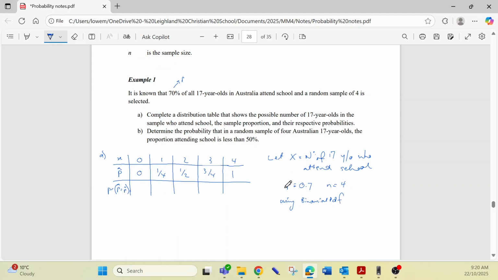Okay, this is our probability of success, that's our sample size, and these are our x values, and so the probability of x being these is going to be the same as the probability that your proportion is this.